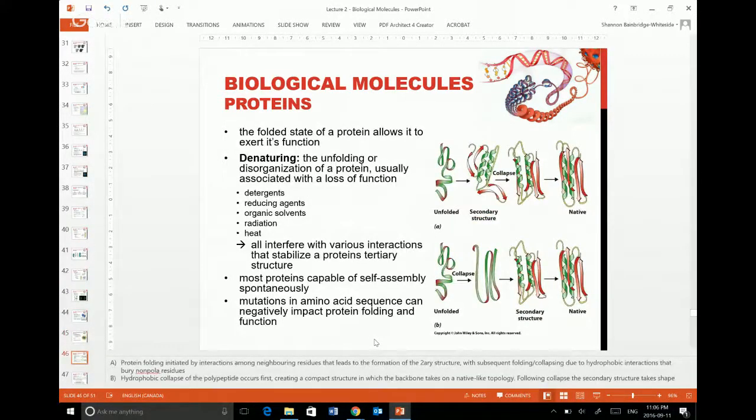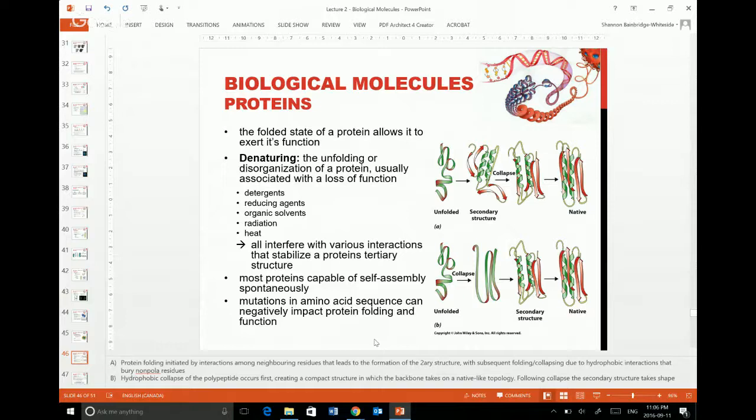So the way that a protein is folded really will dictate how and in what way it can function. There's a variety of things that can happen in a cell which make proteins not function very well. And typically this happens when a protein unfolds.